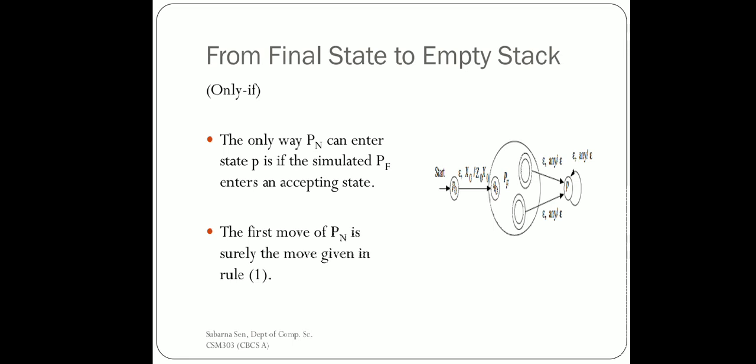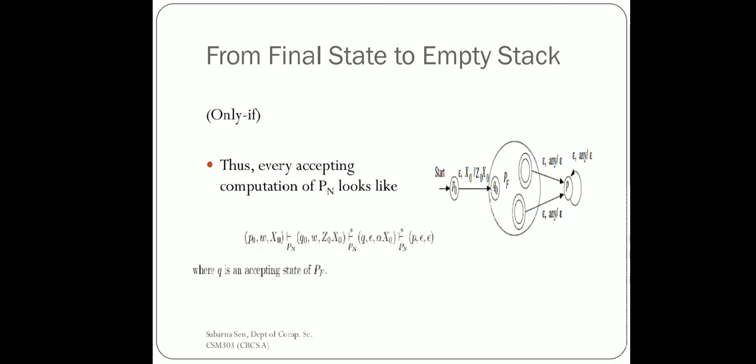Okay, the only way PN can enter state p is if the simulated PF enters an accepting state, obviously. So if it has entered an accepting state, that is any accepting state of PF, then only it can move to p. The first move of PN is surely the move given in rule 1, right? So just see here, for any epsilon, it will be at p, and the job is to empty the stack, nothing else.